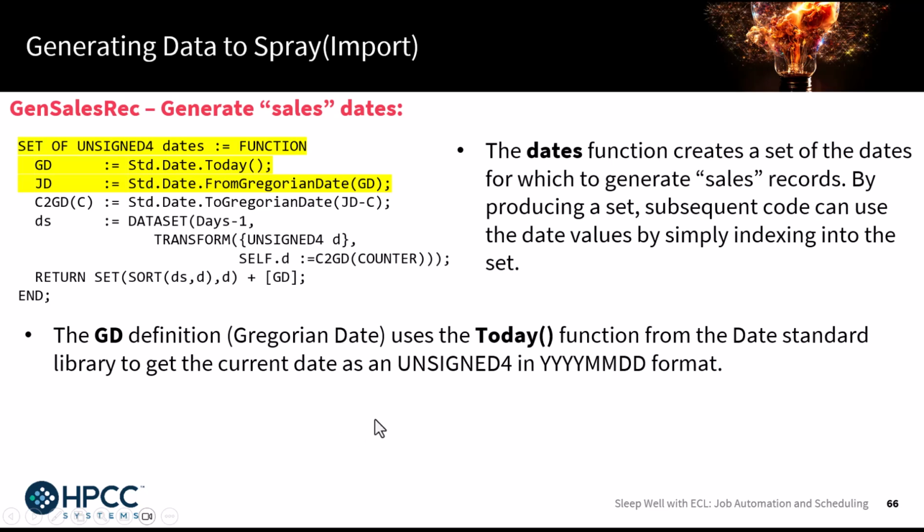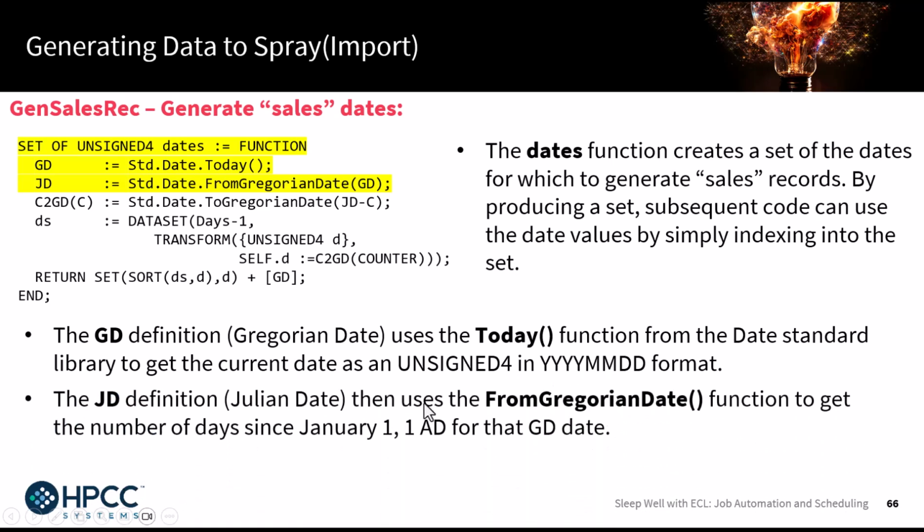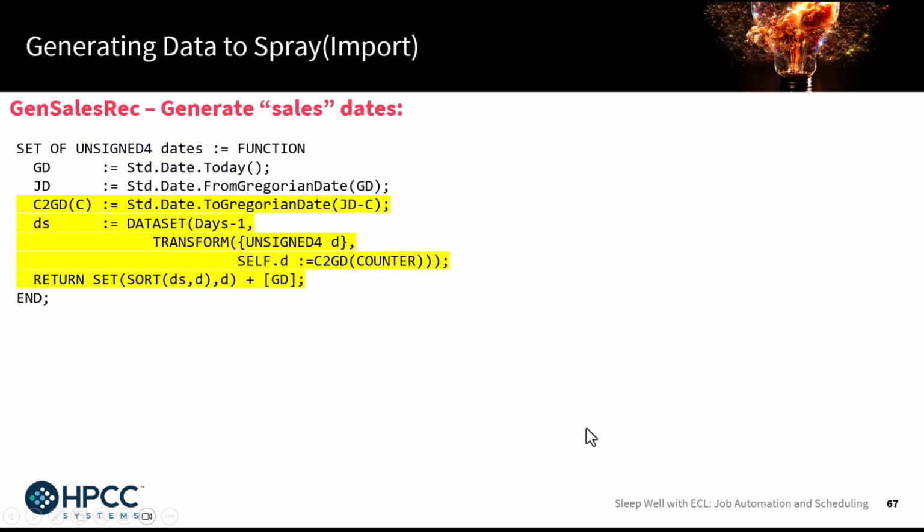The GD Gregorian date definition uses the today function from the date standard library to get the date into an unsigned four in year, month, day format. And then the Julian date uses the from Gregorian date function to get the number of days since January 1st, 1 AD for that Gregorian date.